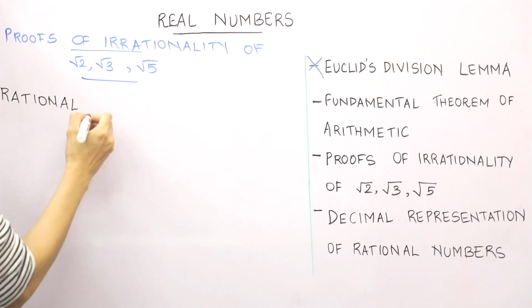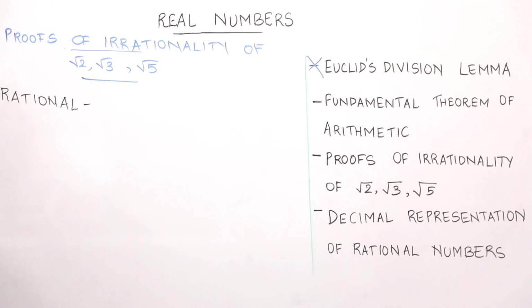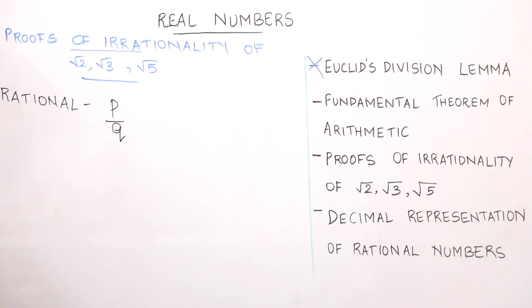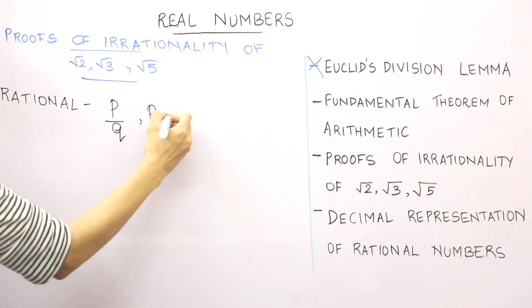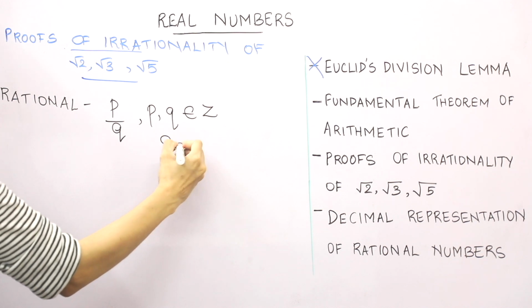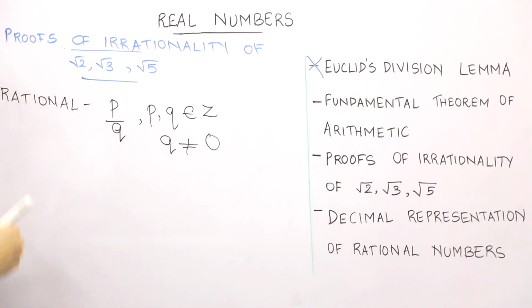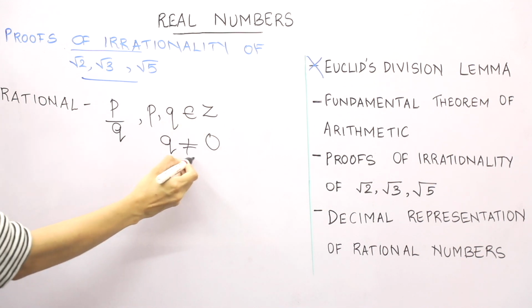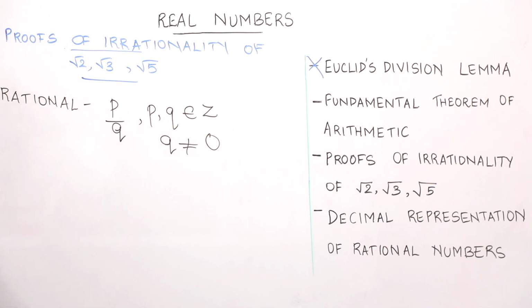Any number which can be expressed in the form p by q, where p and q are integers and q not equal to 0 is a rational number. So it is basically a fraction involving integers.